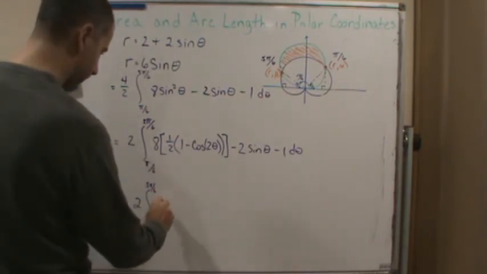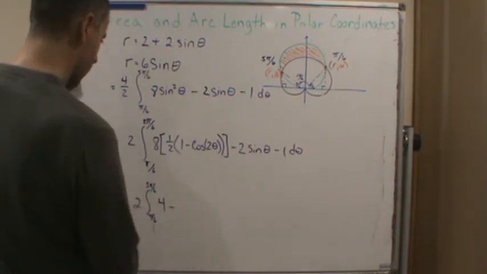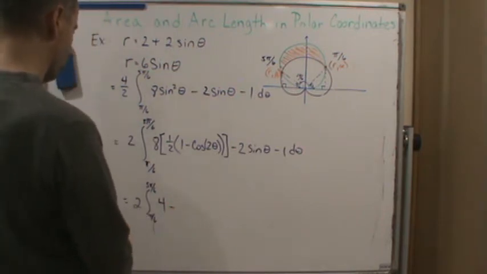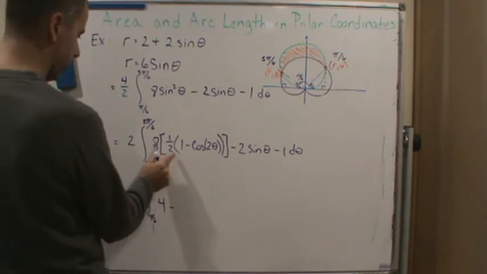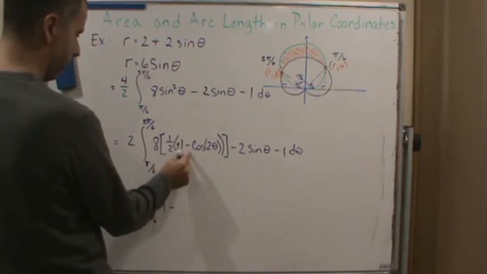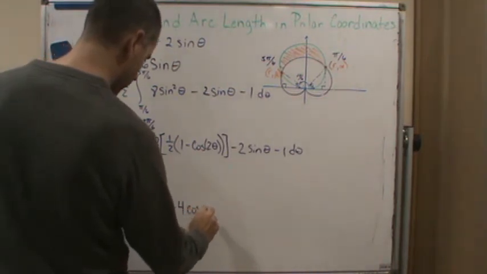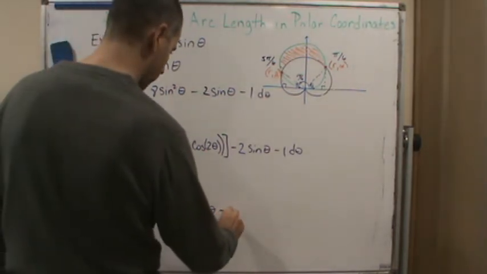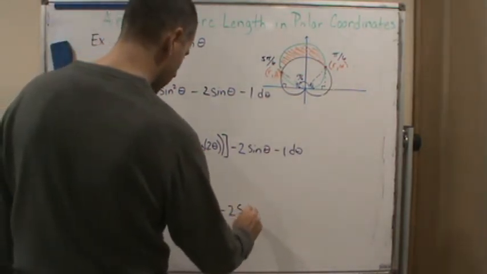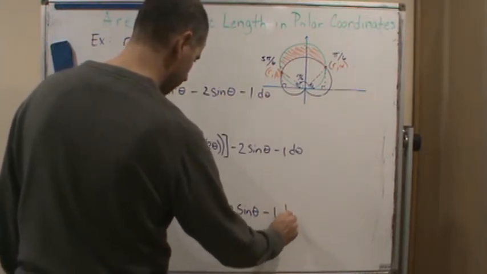This is going to become 4 minus, yeah, this will become 4, so it's going to be 4 minus 4 cosine 2 theta minus 2 sine theta minus 1.